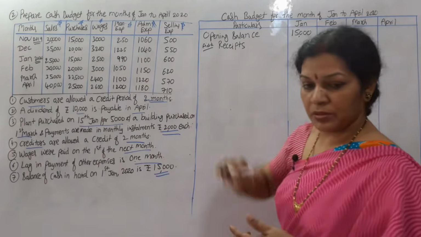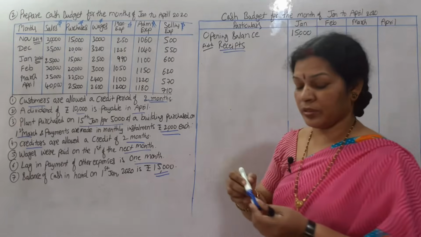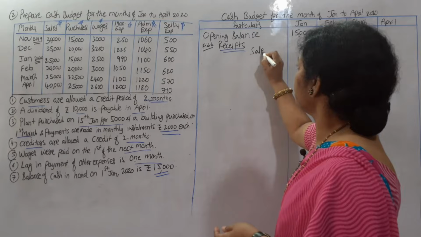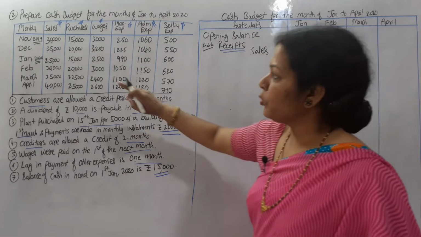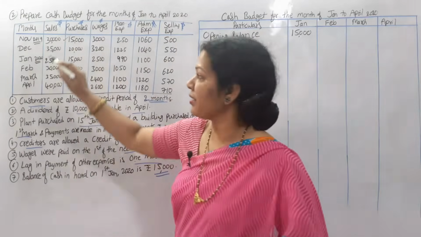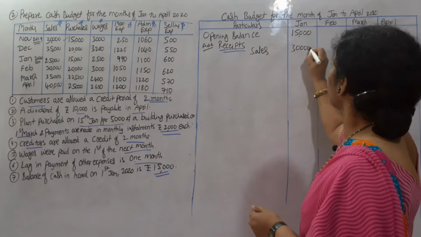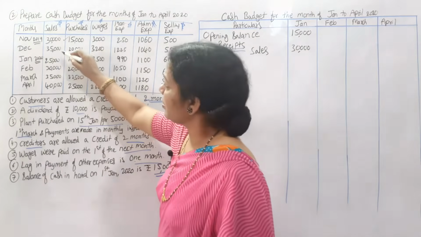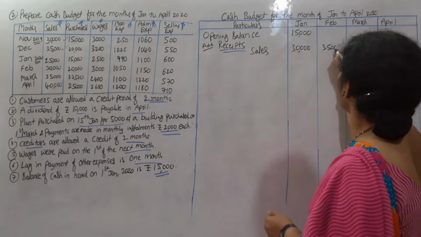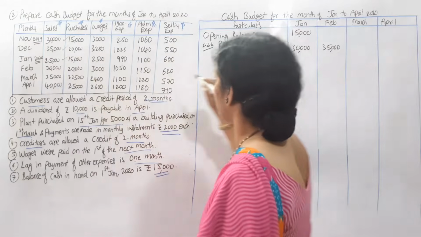So receipts, I can give a heading. We have only sales, so I'm writing sales here. There is a delay of 2 months. 2 months means January will take 30,000, 2 months back. February month, 35,000 we will take. 2 months delay, so for March month, 25,000.